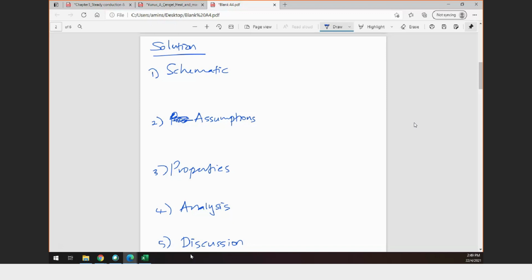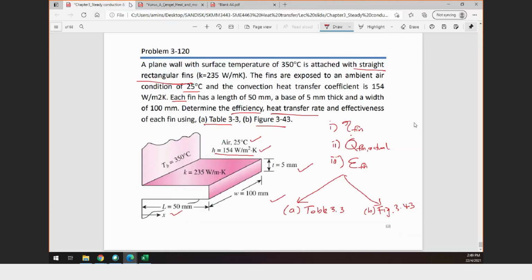Let's say you want to show this to your client, probably a civil engineering background, so they want to know what is your schematic, what is your assumption, what are the properties involved. Even though the properties are already mentioned, you need to state it again in your solution step. Okay, so back to this problem.